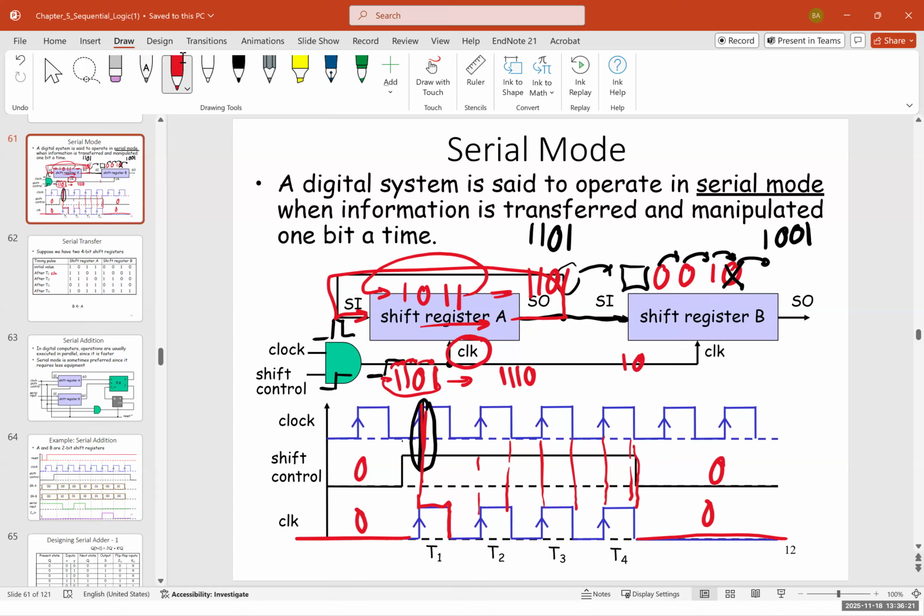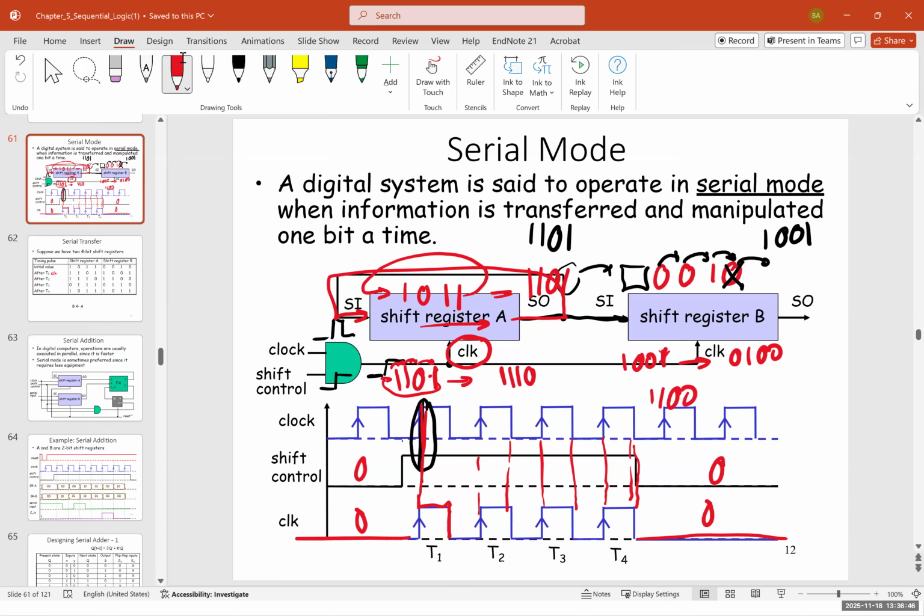This one was 1, 0, 0, 1. If I shift everything to the right, this one would fall off, and I'm having a bit coming in from the other one. I'm sorry, I had the 1 from the previous one. So it's going to be 1, 1, 0, 0.